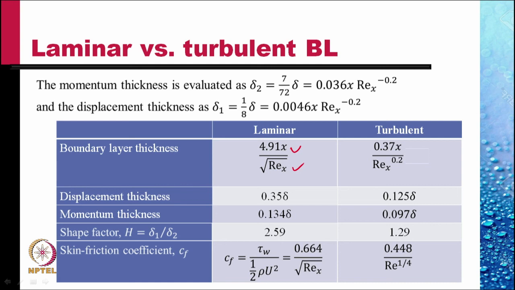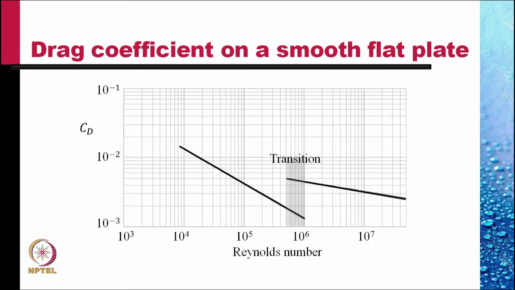Skin friction coefficient decreases as root x in laminar flow, but as x raised to the power 1/4 in the turbulent flow. This graph shows typically the variation of drag coefficient with Reynolds number.